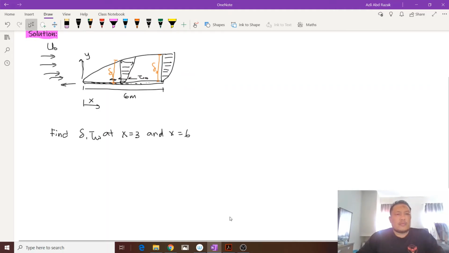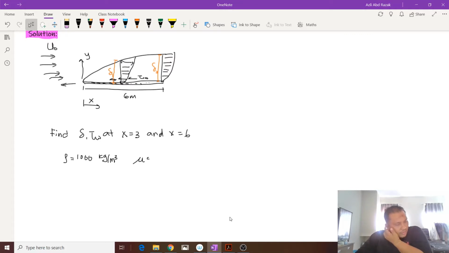We know that this is a flow through water. So the two properties of water that we must know here are, first, density, which I take as 1000 kilogram per meter cube, and then the dynamic viscosity, which I take at a temperature of 20 degrees C, where mu is equal to 1.12 multiplied by 10 to the power minus 3 Newton second per meter square.